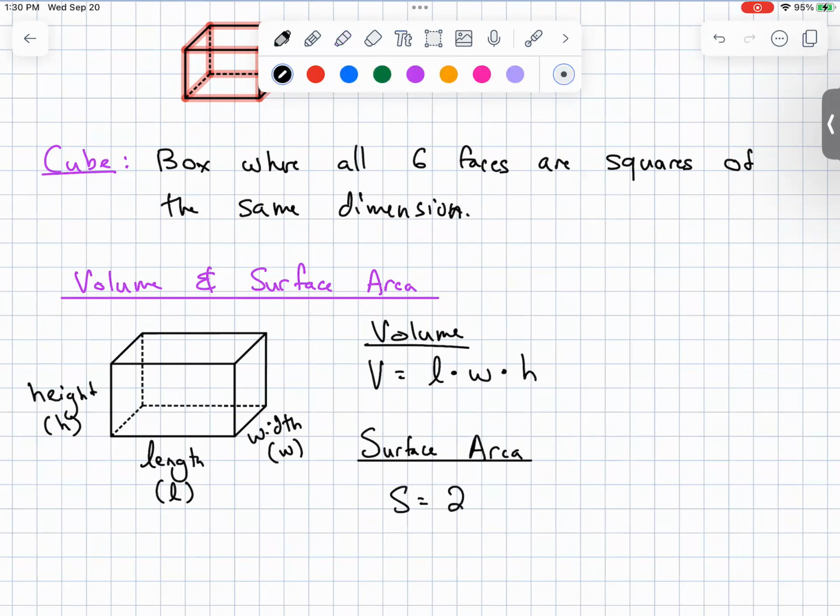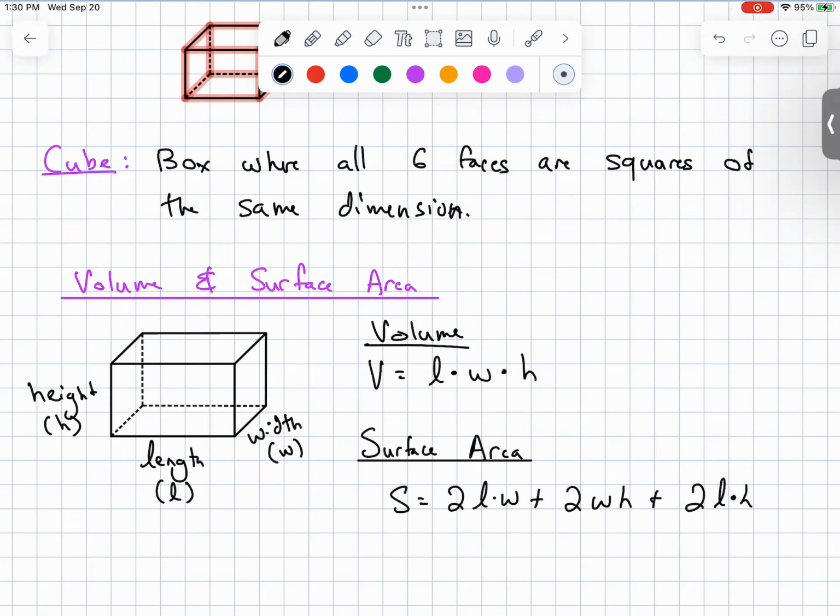So the surface area formula, usually abbreviated with an S, is 2 times length times width, plus 2 times width times height, plus 2 times length times height. The justification is that you're just adding up the area of each face.